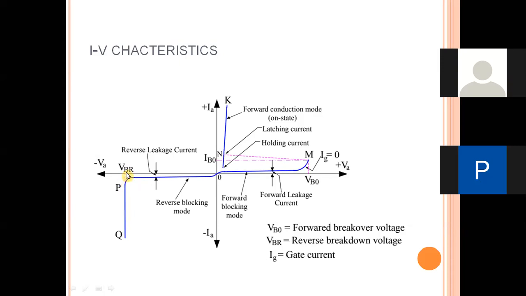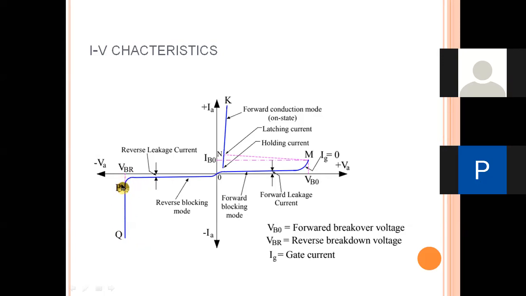As the reverse-biased junctions break down, you have a high mobility of charge carriers, and you are going to have a rapid rise in the current, which can be observed from this point P to this Q. Here, P and Q represent the reverse conduction mode.